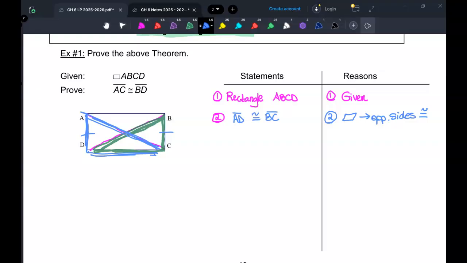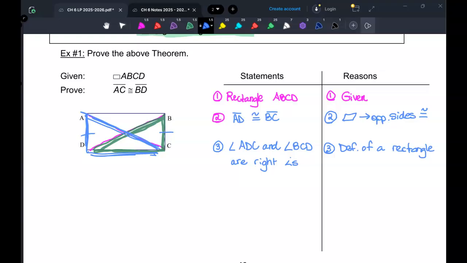If we can get angle ADC and BCD congruent, well, what kind of angles are they? Angle ADC and BCD are right angles. That is the definition of a rectangle.